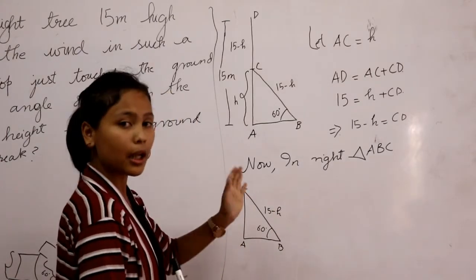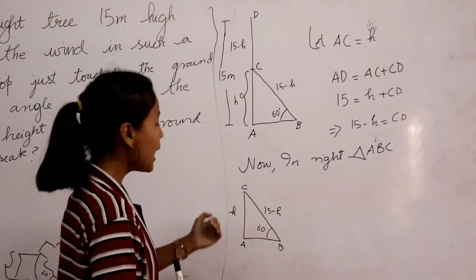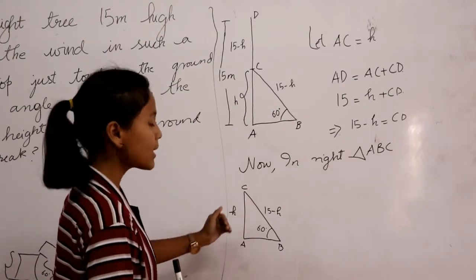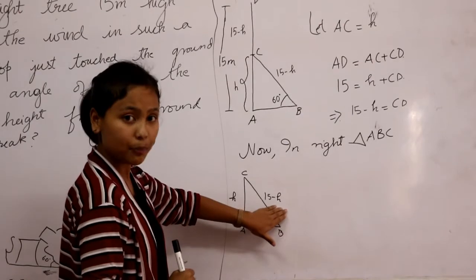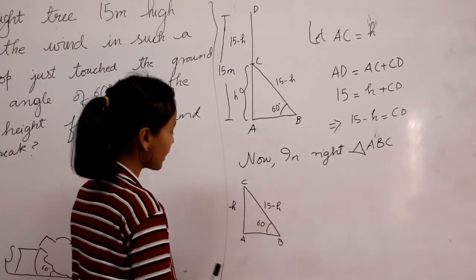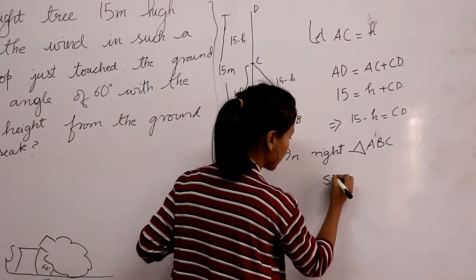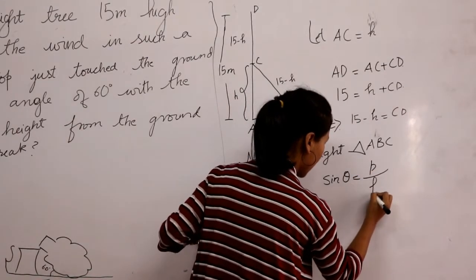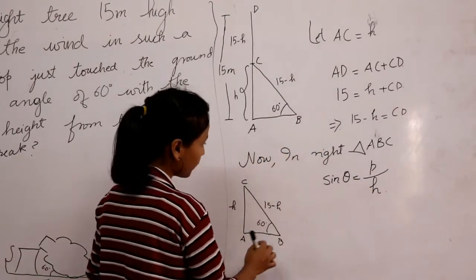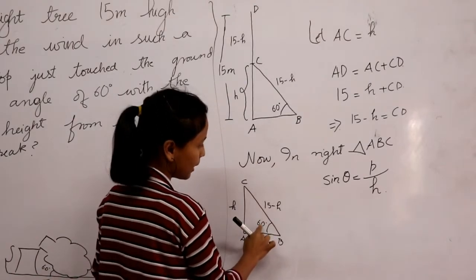We know from trigonometric ratios that sine theta is given by perpendicular by hypotenuse. So here let us use sine theta. Sine theta is given by perpendicular by hypotenuse. The angle theta here is 60 degrees.